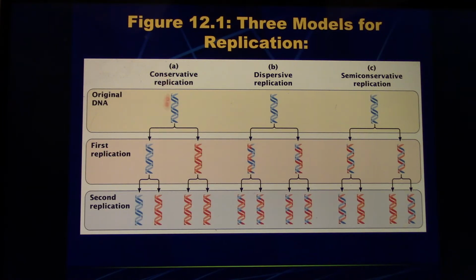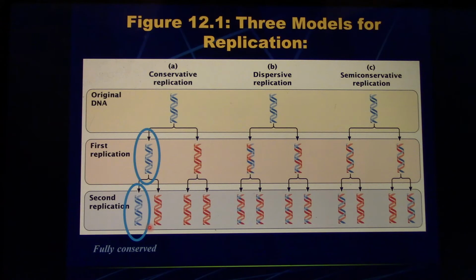For conservative replication, the model suggests that the original DNA stays intact and we get a completely new double-stranded DNA molecule, and then we continue to do that. So as you go through your levels of replication, you get more and more double-stranded new DNA, and you keep your fully conserved old DNA double strand.